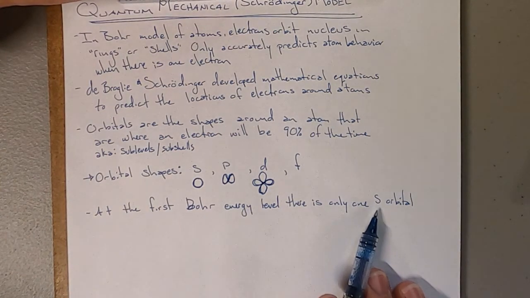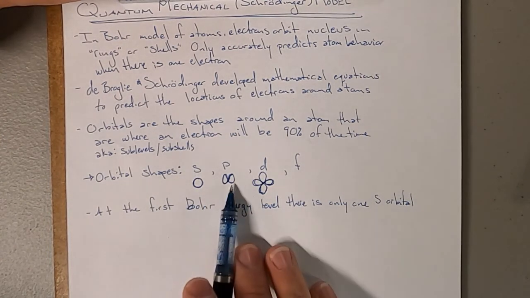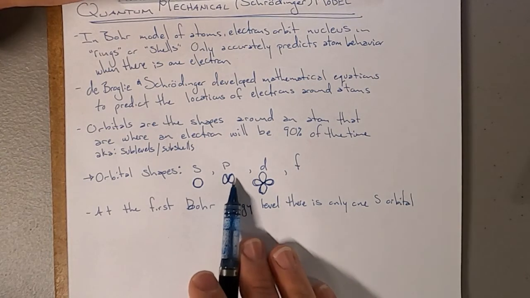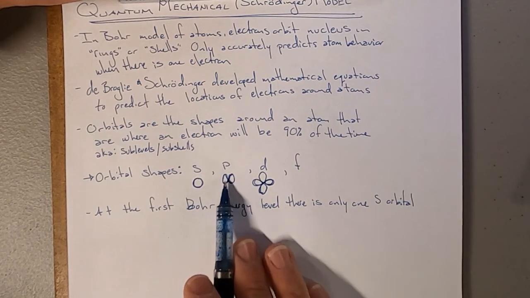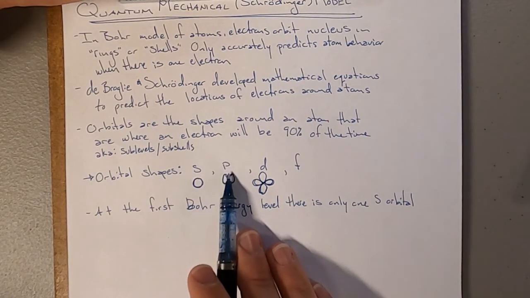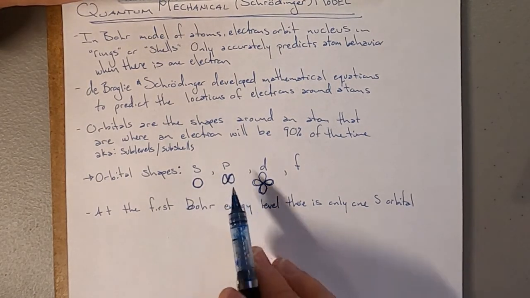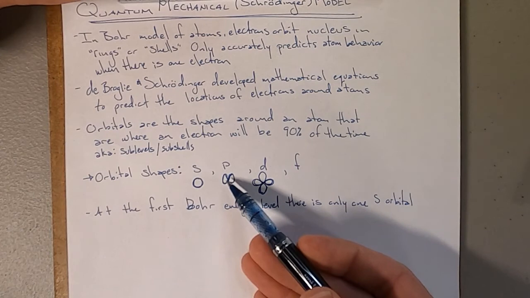At the second Bohr energy level, there is one s orbital and 3 different p orbitals that are all in different orientations. One is in this direction called the x direction along the x-axis. One would be tilted 90 degrees, and that would be called the y direction. And one would be coming out of the paper toward us along the z-axis, and so that's the z orientation.